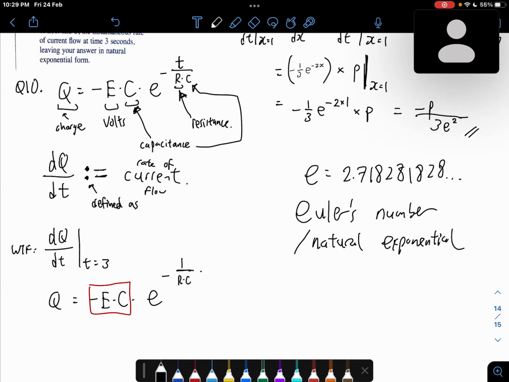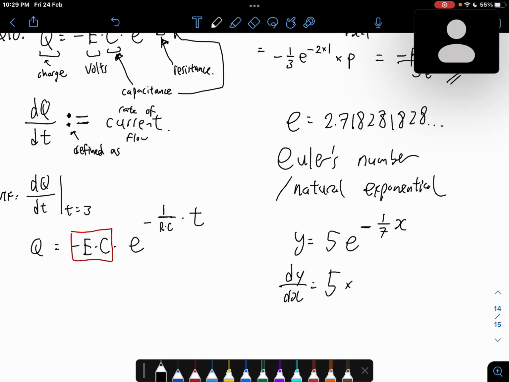Essentially, if you have, for example, y equals 5e to the power of -1 over 7 x, how do you do dy by dx? First, you leave the factor alone, 5. Then you multiply by that same quantity, e power whatever, multiplied by, here you need to use chain rule, -1 over 7. Can you see what I'm writing?